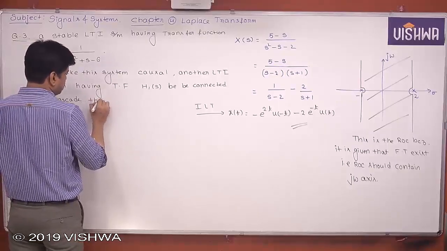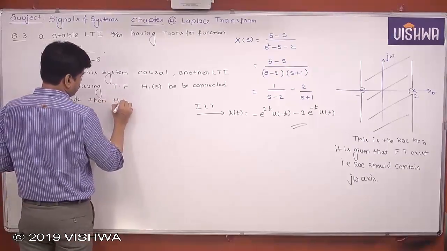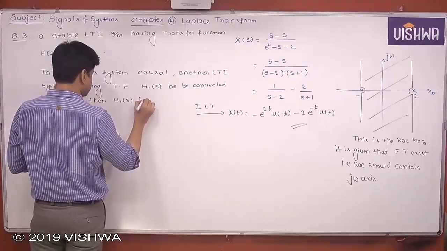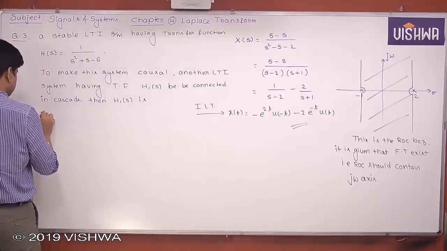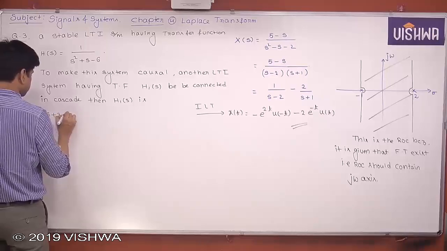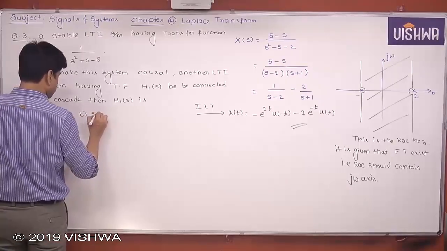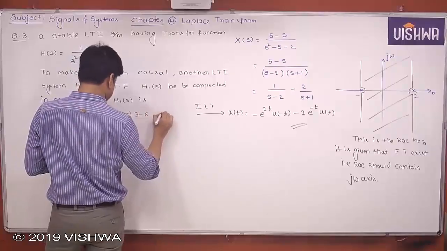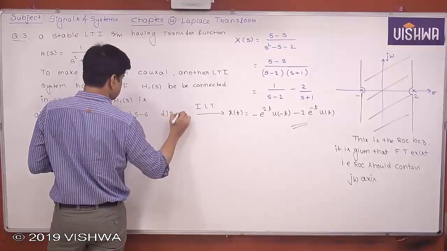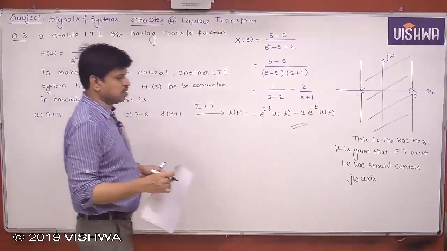Then H1 of s is, options: s plus 3, s minus 2, s minus 6, s plus 1. These are the options they have given.